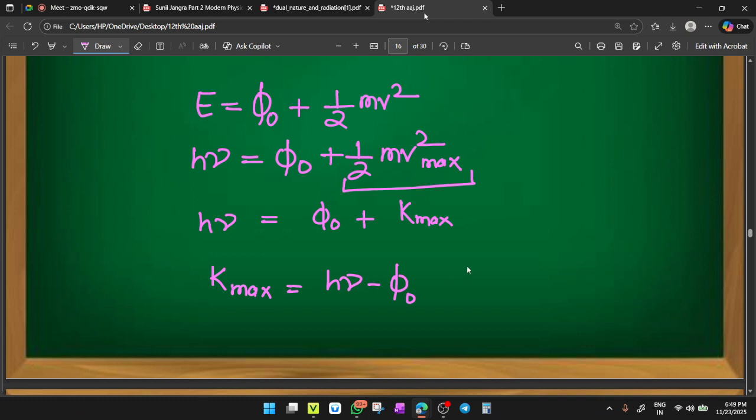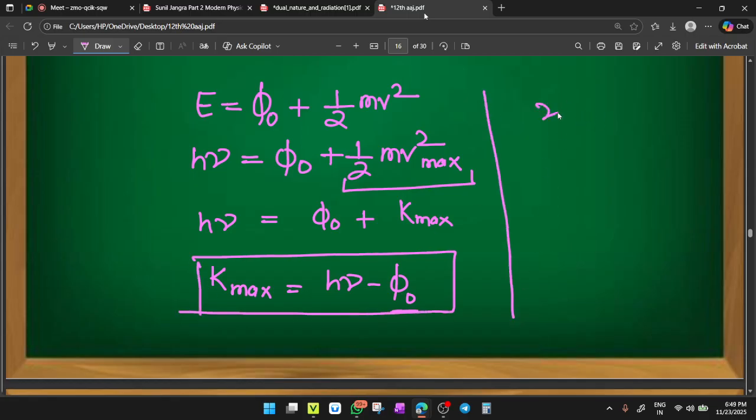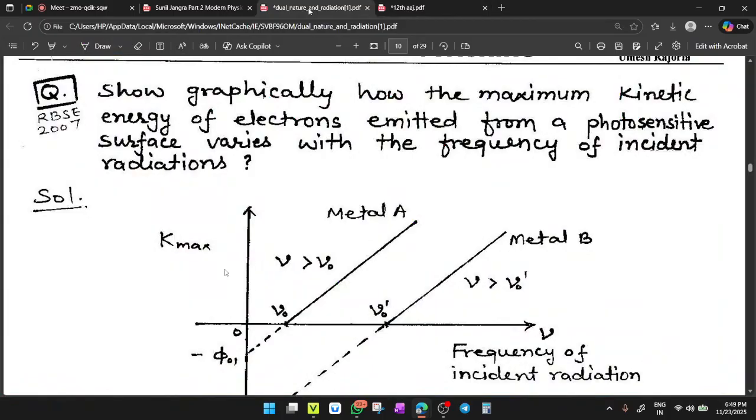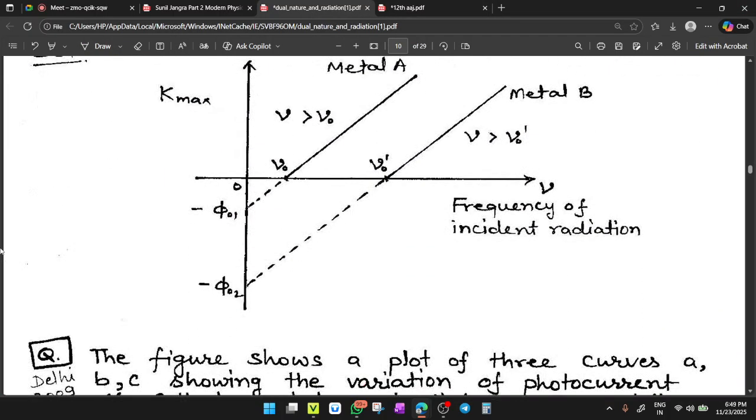So you see, as phi naught is constant, by increasing the value of incident radiation frequency, K max, the maximum kinetic energy, also increases. Clear or no? Yes. So draw the graph here for maximum kinetic energy. For a given metallic surface, suppose the threshold frequency for the first metallic surface equals nu naught.